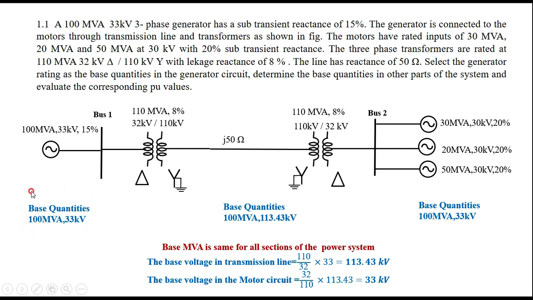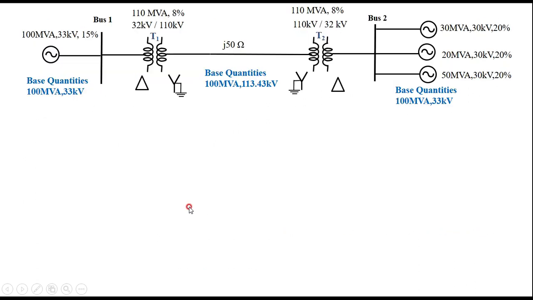Then, the base MVA remains the same for all parts of the circuit. However, because of the transformers in between, the base kilovolts will change from circuit to circuit. Those were calculated: here 33 kilovolts, here 113.43, here 33 kilovolts. Once we know all the base quantities, these are the old quantities and these are the new quantities.